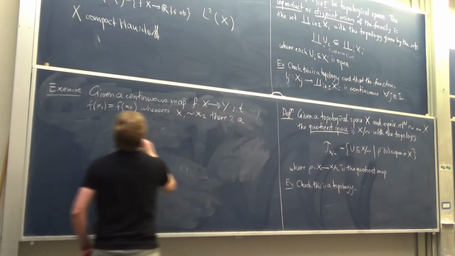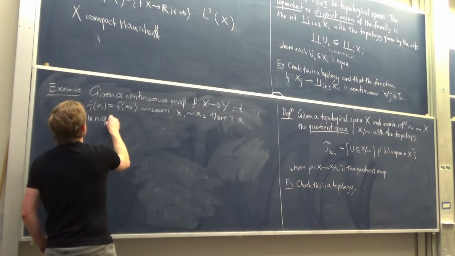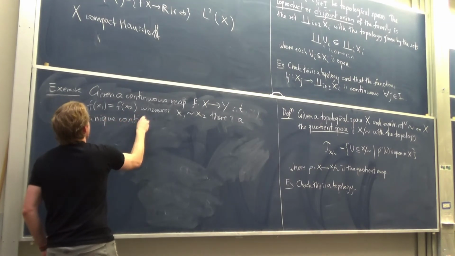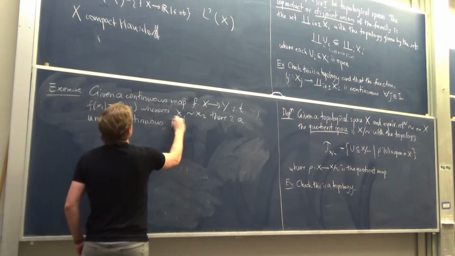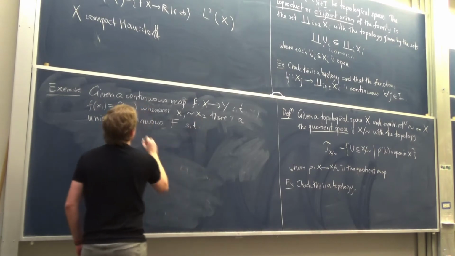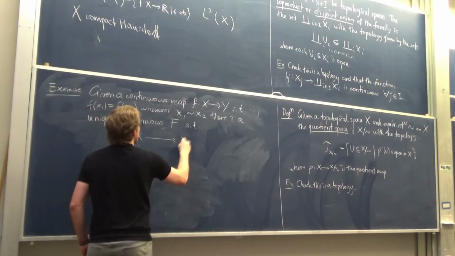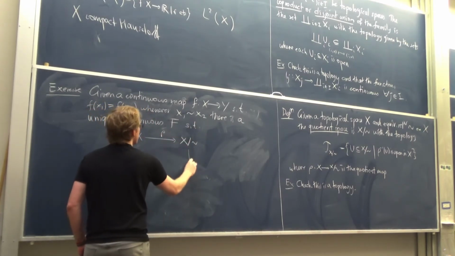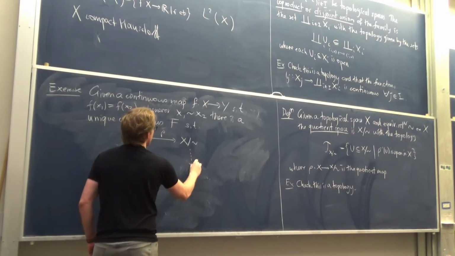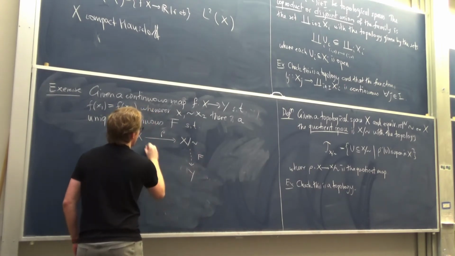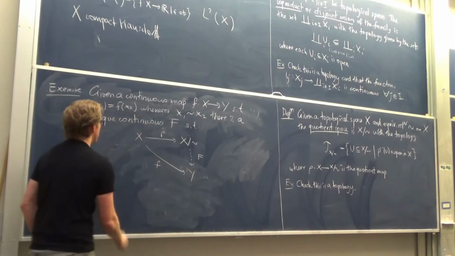There is a unique continuous function such that the following diagram commutes. So that's the quotient. This is f. It's little f.